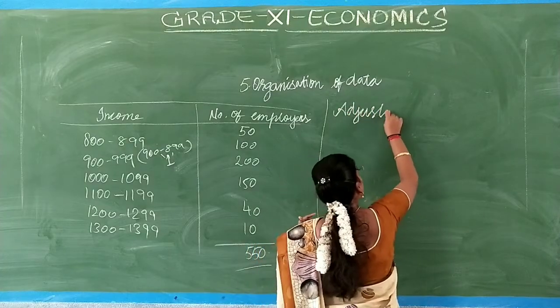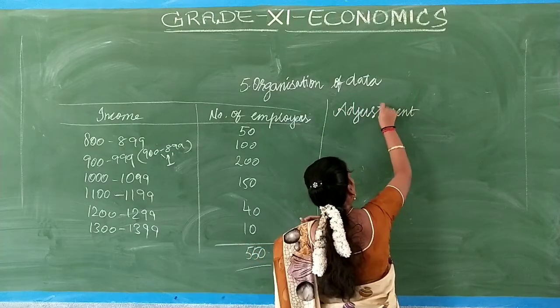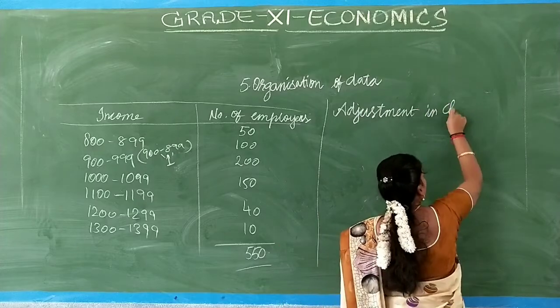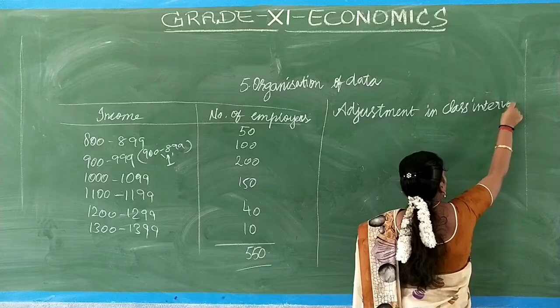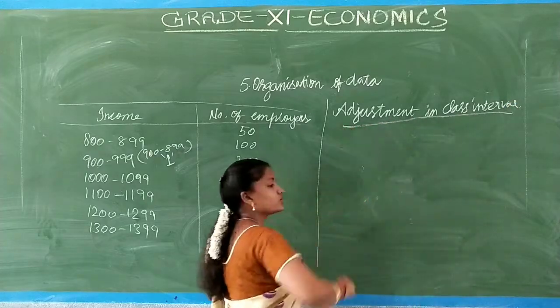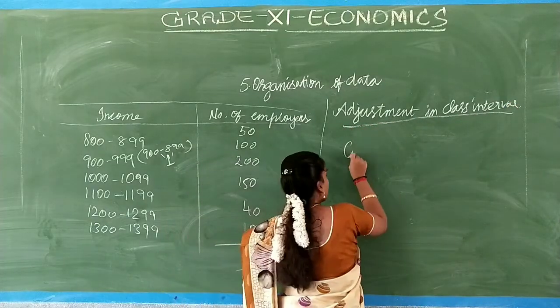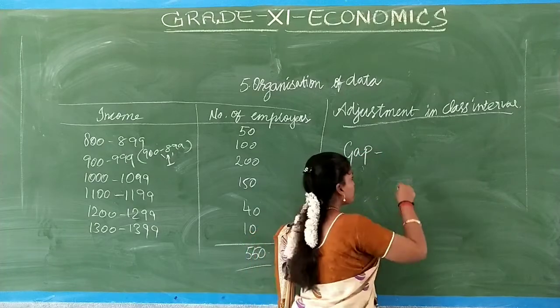Adjustment in class interval. So this gap comes, and how do you find this gap?